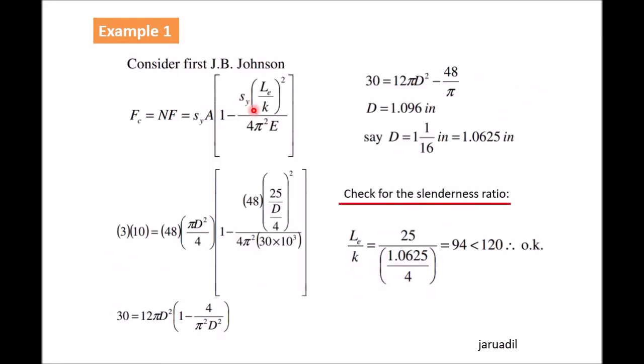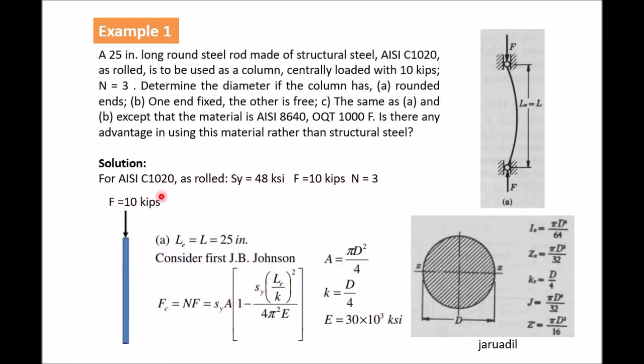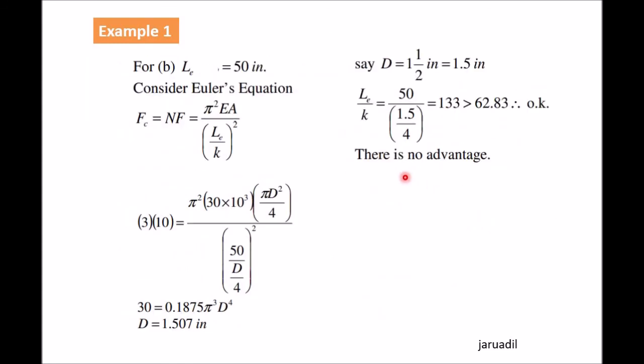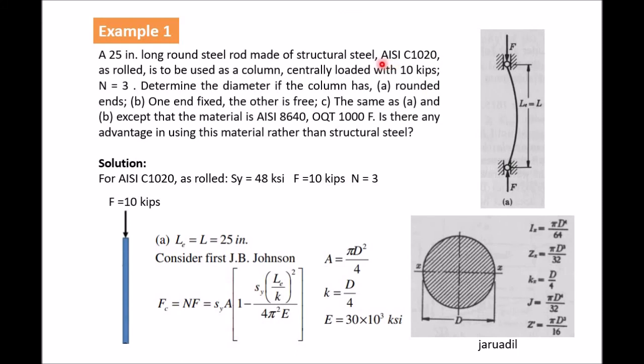So kung i-check natin dun sa C1020, ang na-compute naman natin sa B ay parehas din 1.5 inch. So ano ang ibig sabihin? There is no advantage. Kasi using AISI C1020, parehas lang yung nakuha natin na dimension, yung diameter, kung ang gamitin natin ay 8640. Okay, so there is no difference.